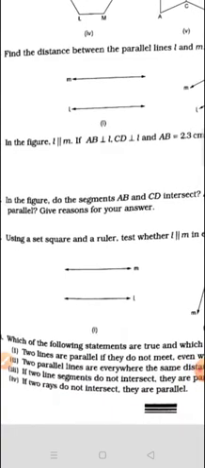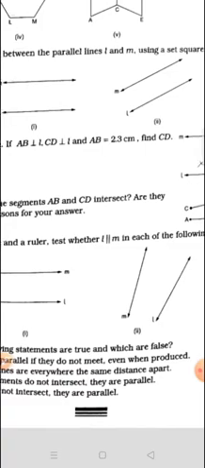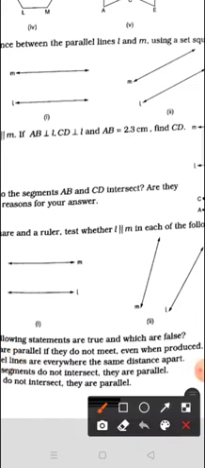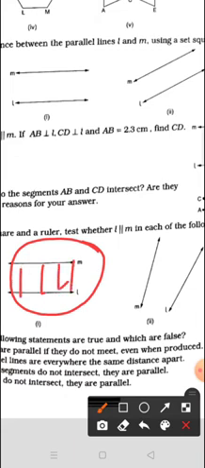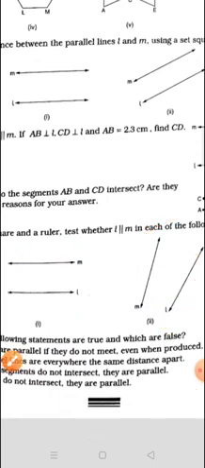Using a set square and a ruler, test whether L is parallel to M in each of the following cases. So do it on your own. Here they are parallel because the distance is the same. But here the distance is different. That's why this is not parallel. Use the set square and ruler and you will get the answer.